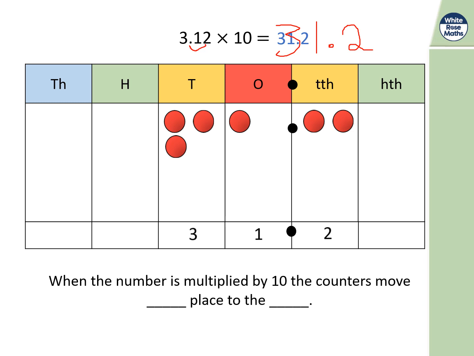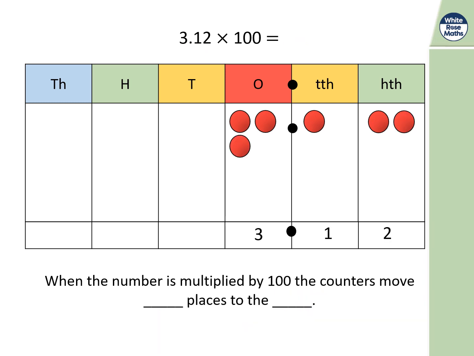When the number is multiplied by 10, the counters move one place to the left. So that's the numbers, but the decimal point has actually moved one place to the right. Because initially it was here, wasn't it, guys? So now it's going to be here. So the decimal point has moved one place to the right.